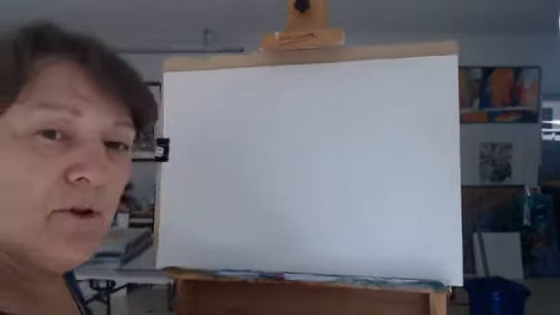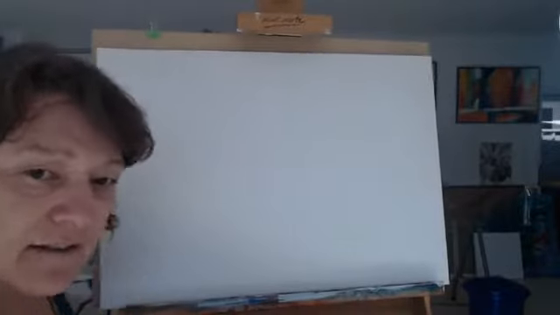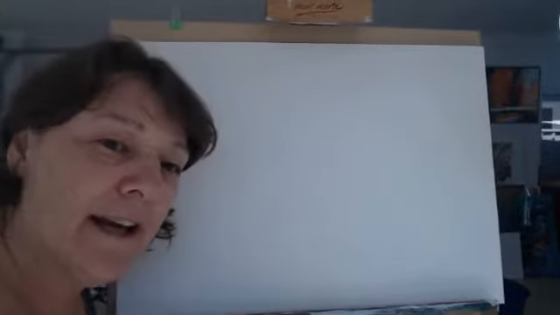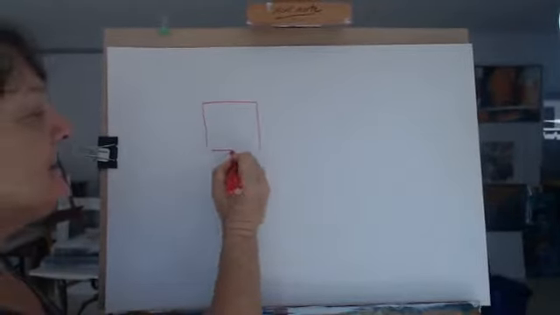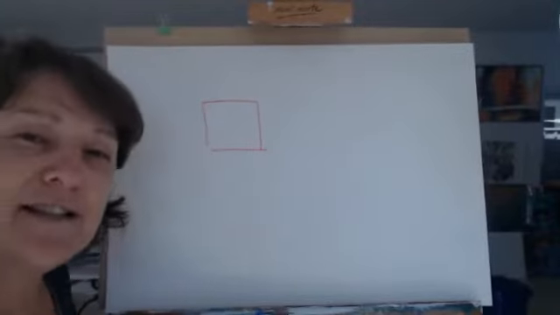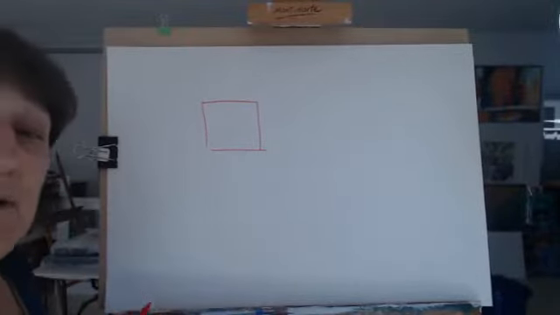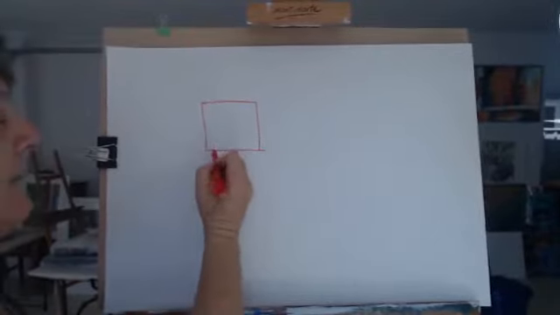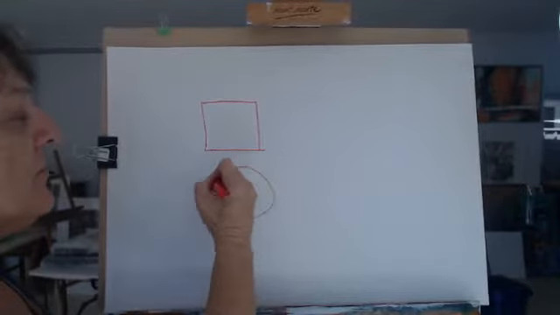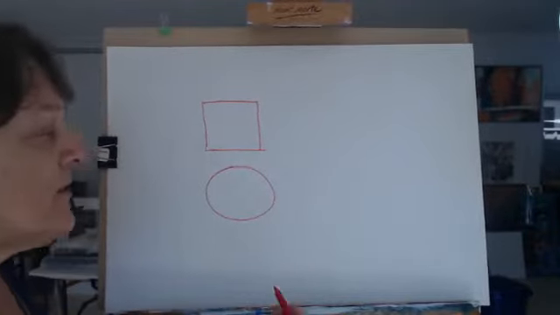So let me move my easel so that you can see what I'm drawing, and I'll just peek in from the side here. So if I simply draw that, now, oh good, that's nice and clear for you. If I simply draw that, that's a square. If I simply draw that, that is a circle.